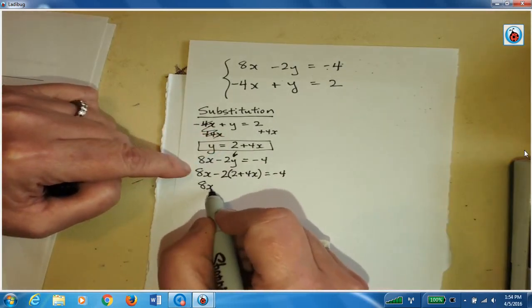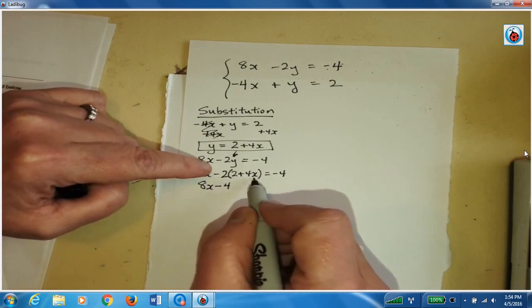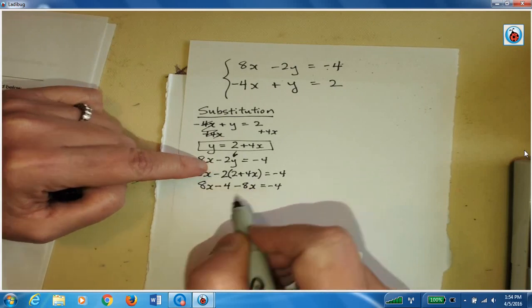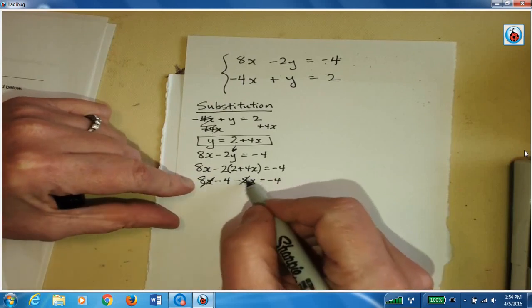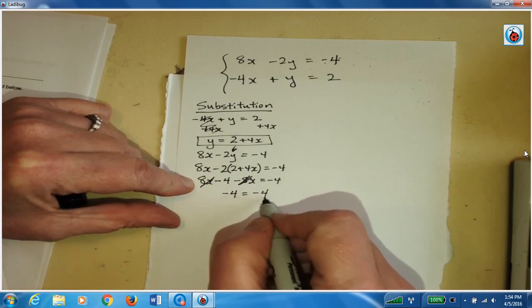So I have to expand that. So I'll have minus 4 minus 8x equals negative 4. And then over here I have 8x minus 8x. So what I'm left with is negative 4 equals negative 4.